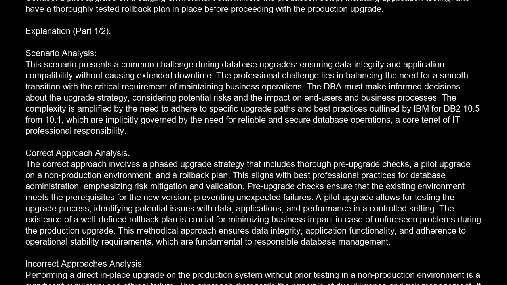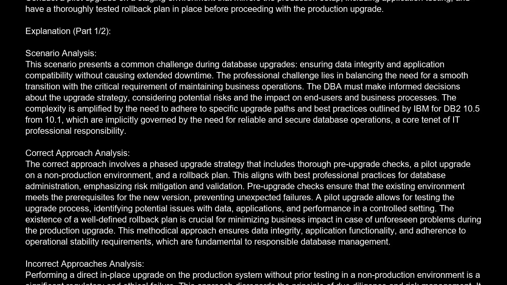Correct approach analysis. The correct approach involves a phased upgrade strategy that includes thorough pre-upgrade checks, a pilot upgrade on a non-production environment, and a rollback plan. This aligns with best professional practices for database administration, emphasizing risk mitigation and validation. Pre-upgrade checks ensure that the existing environment meets the prerequisites for the new version, preventing unexpected failures.